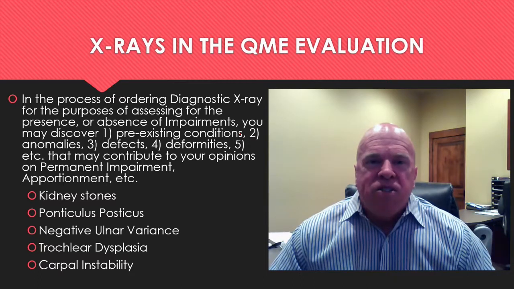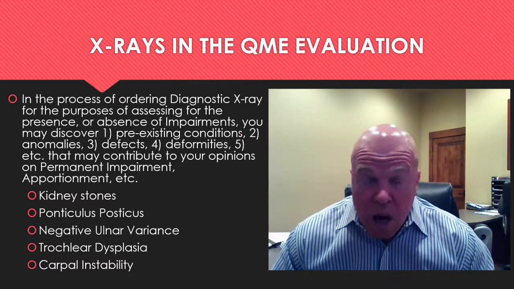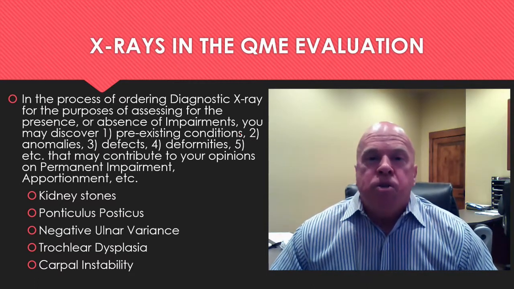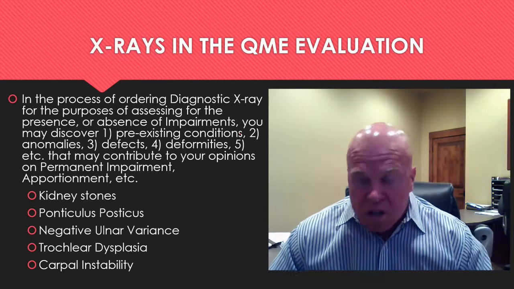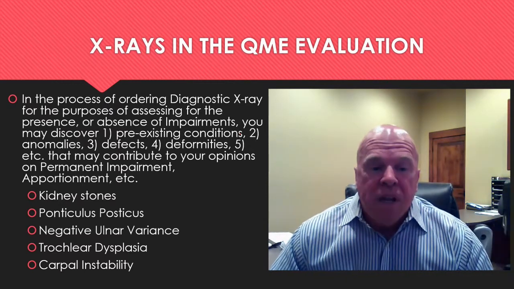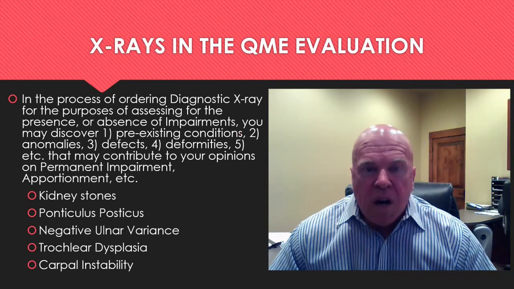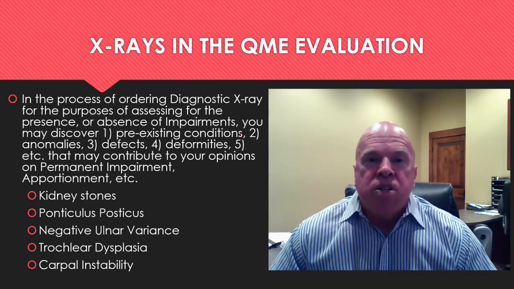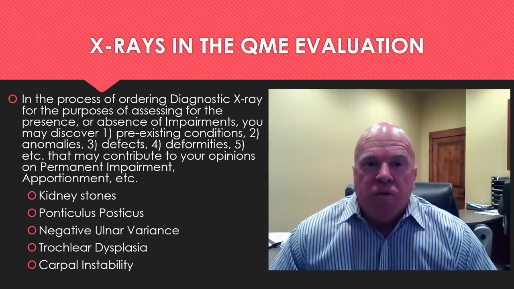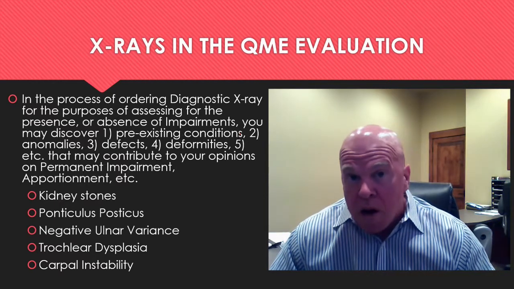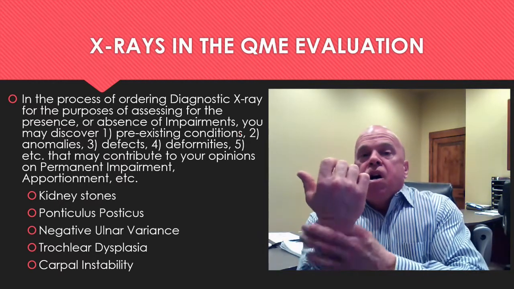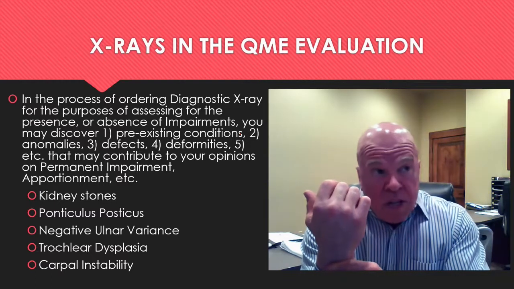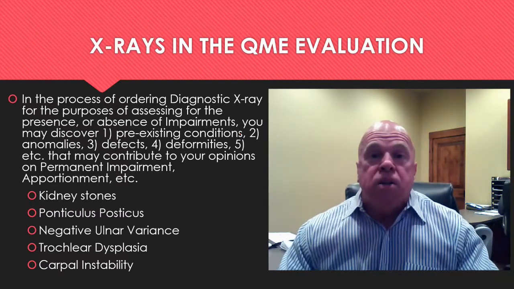I have a case that involves a ponticulus posticus that I want to share with you, which is an anomaly of the C1 vertebrae of the spine. I have a case involving wrist injury, wherein the X-ray studies identified what's referred to as a negative ulnar variance, which is an anomalous condition of the relationship between the radius and the ulna at the wrist.